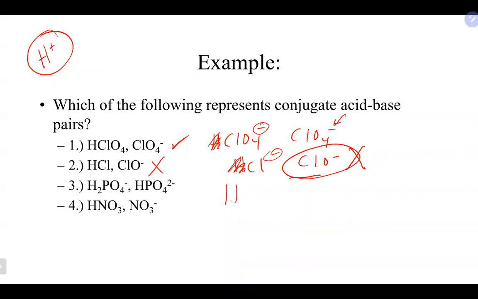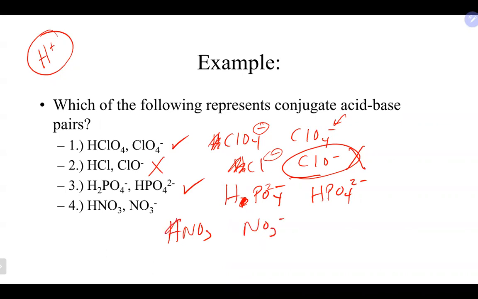We take a look at H2PO4 minus and HPO4 2 minus. If we take off an H and we take off a plus, we then become one more minus. HPO4 2 minus matches on both sides, so those would be pairs. And lastly, HNO3 and NO3 minus.